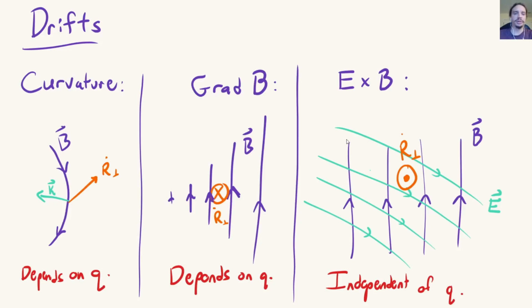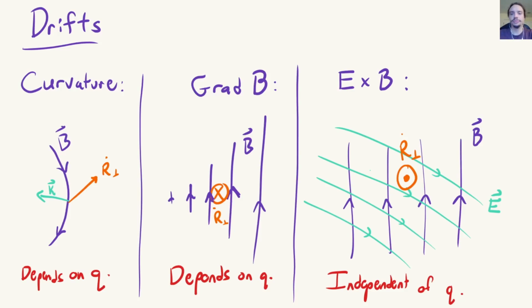This one's a little simpler. If you have an electric field and a magnetic field, then particles are going to drift perpendicular to both. And this time, ions and electrons drift the same way. Figuring out each of these drifts by going through the equations is pretty difficult. But once you know them, you can study these equations pretty effectively, just thinking about the dynamics of particles.